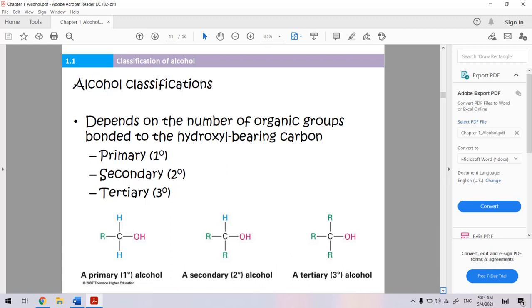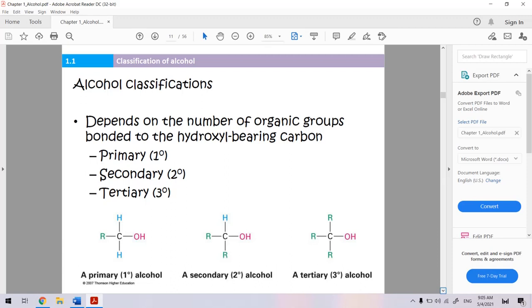So for primary alcohol, the hydroxyl group is attached to a carbon, and this carbon is considered a primary carbon because it is attached to only one alkyl group. Whereas for secondary alcohol, the hydroxyl group is attached to a secondary carbon, because this carbon is attached to two alkyl groups.